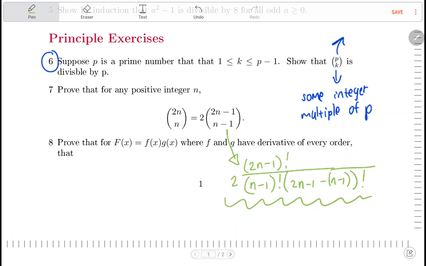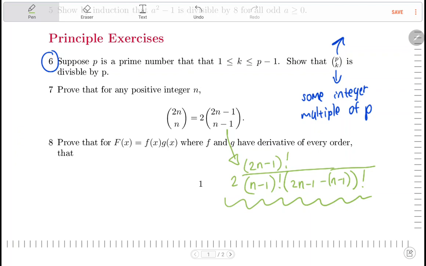For the rest of the problems, it is still induction that you have to apply. So for all of these problems, follow your induction steps. The first step is show that it's true when n equals 1. The next step is assume that it's true when n equals k, and write down what you get, and you get an induction hypothesis.